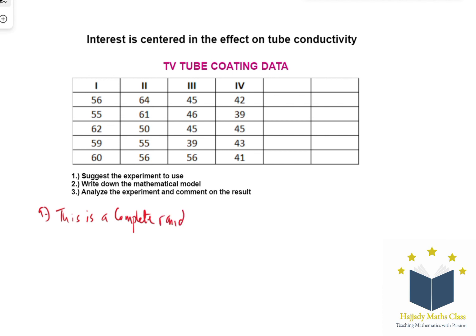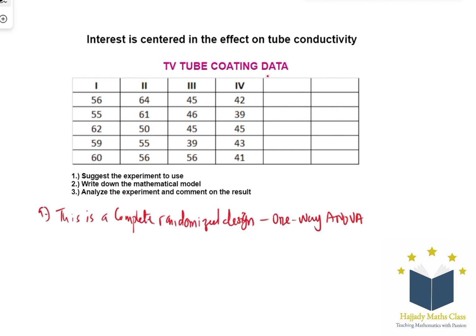And if you ask me why, there's nothing like blocking here, so we are not doing any blocking. Otherwise known as one-way ANOVA. So this is the one-way analysis of variance.